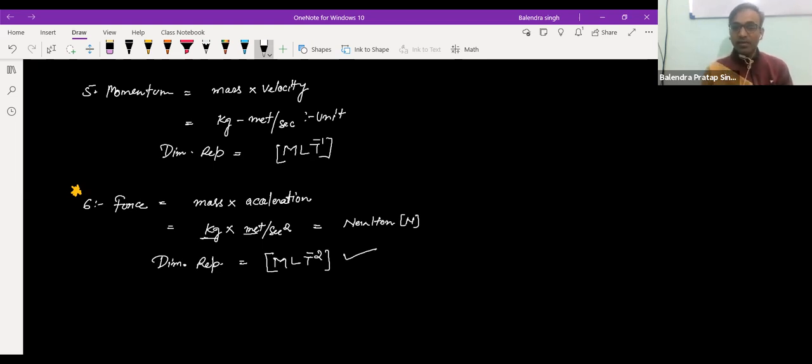Always remember the unit of force and its dimensional representation. If you know the formula, force equals mass into acceleration, then you can easily find out the unit and dimensional representation. But if you remember, it will also be very useful for you. Okay, is it clear?